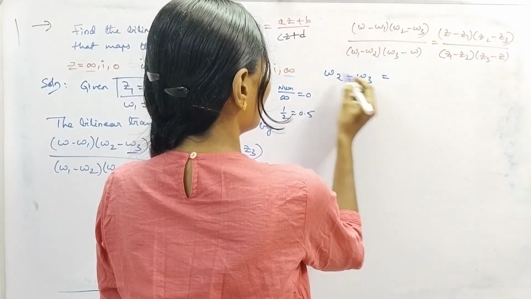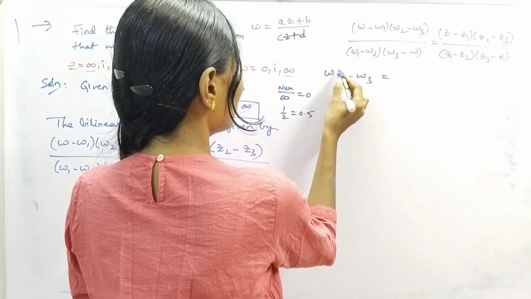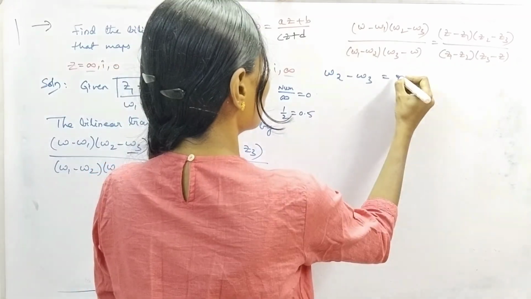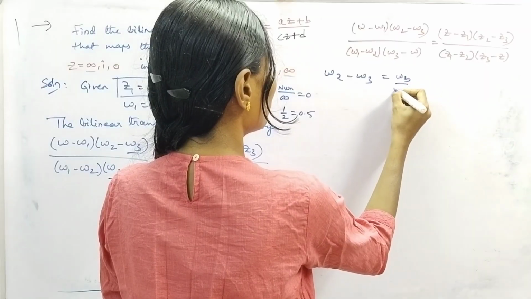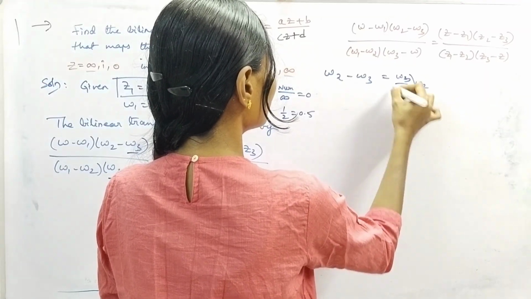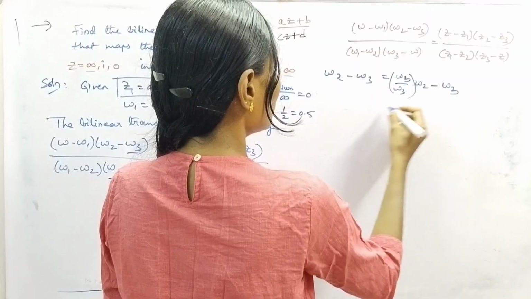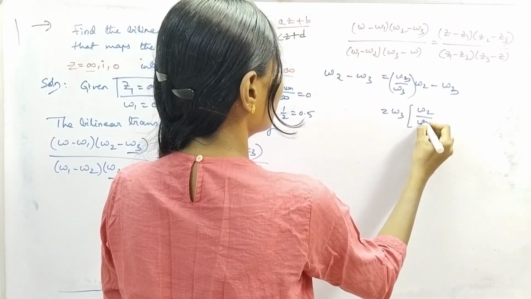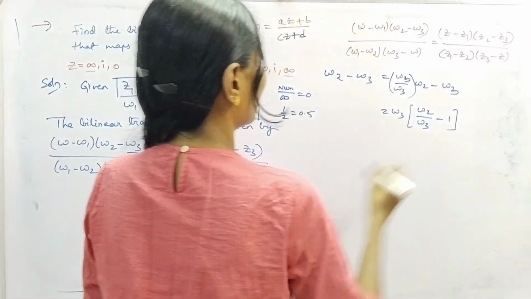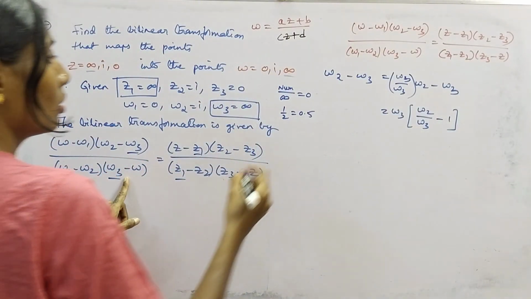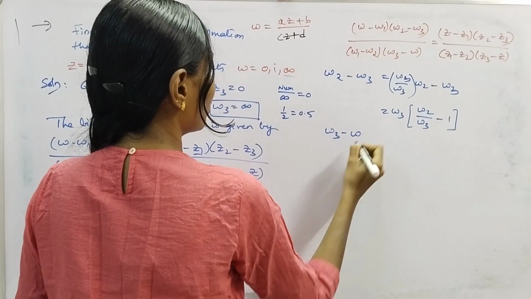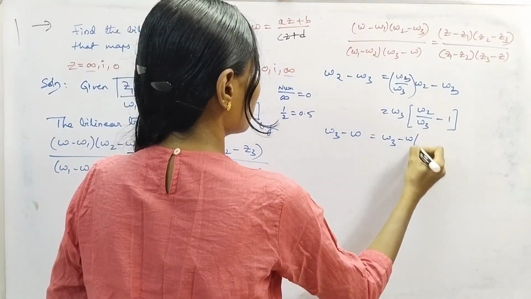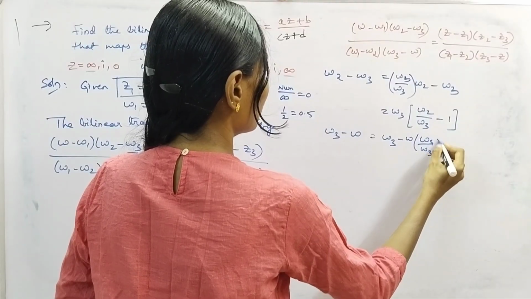Let it be. Now here you don't have omega 3 in this term, right? But we need to take omega 3 common from these two terms. So what we'll do is we'll multiply and divide omega 3 to the first term, so that it will be easy to take omega 3 from the two terms. Okay, you'll get omega 2 by omega 3 minus 1, right? Likewise, when you have omega 3 minus omega, you don't have omega 3 in the second term, so we'll multiply and divide omega 3 to it.